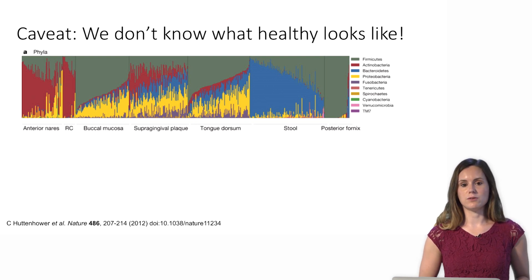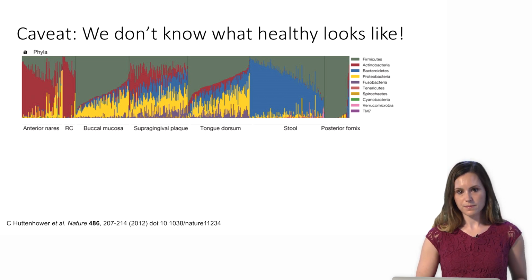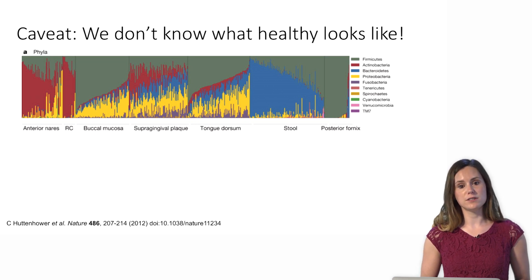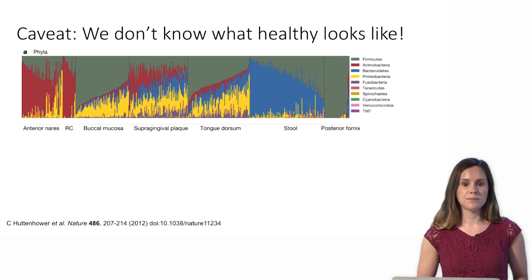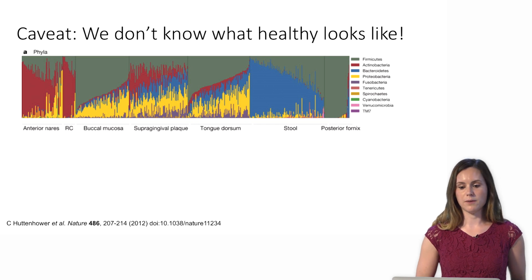Every bar in this graph is one individual, and these are all very healthy people. The left side of this graph, those people are almost entirely populated by blue, which is Bacteroides. On the right side of this graph, those people are almost entirely populated by a different type of bug from Firmicutes. So we don't actually know what healthy microbiomes are because there's this huge spectrum of what healthy looks like.